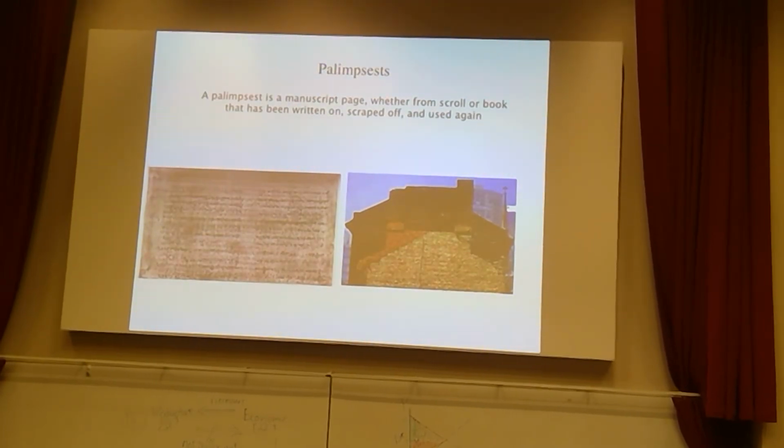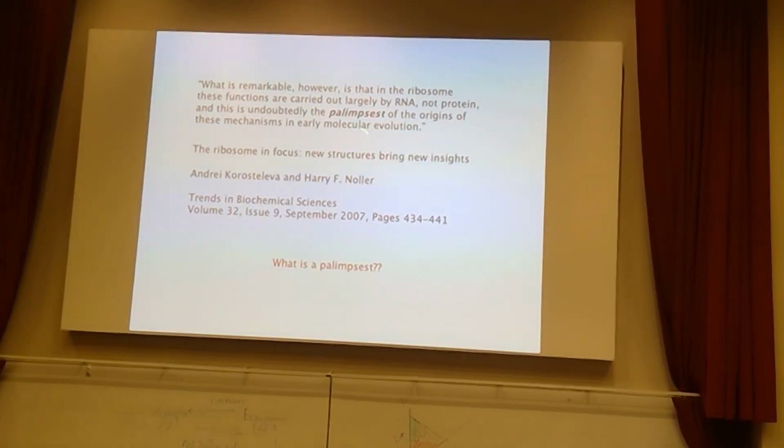So what does this mean then in this sense of the ribosome being a palimpsest? It means that this is giving us an indication of some of the important catalytic activities back in the very first steps of life, that this must be one of the crucial aspects of biological polymer synthesis, and it's being carried out by a ribosome in which the RNA is the catalytic entity.